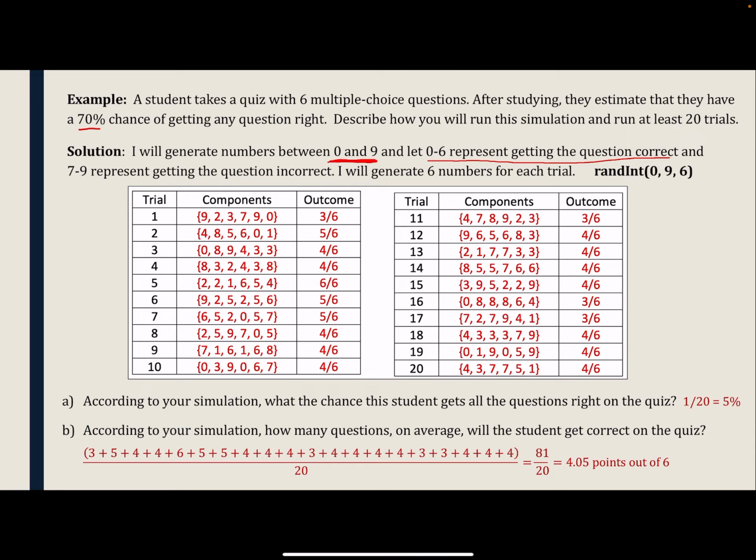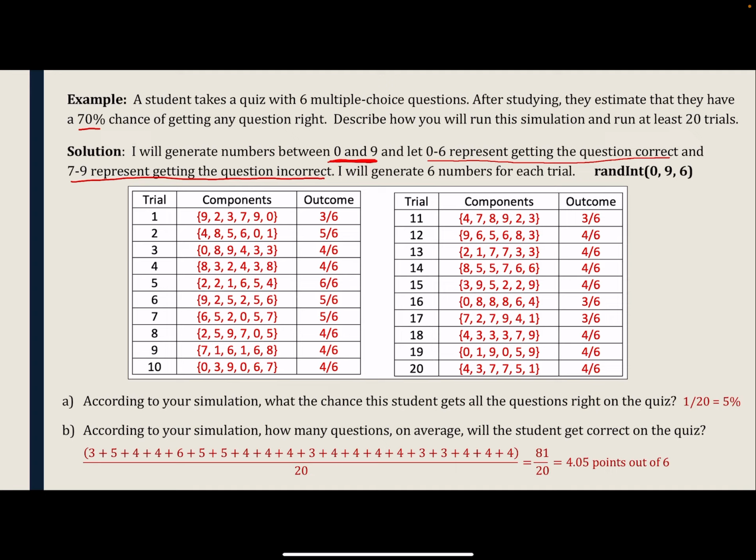And then I'm going to let the other 3 numbers represent getting the question incorrect. So I'm going to let 7 through 9 represent getting the question incorrect. Again, there's other people that might choose different numbers to represent correct versus incorrect questions on this, but this is how I decided to set it up.